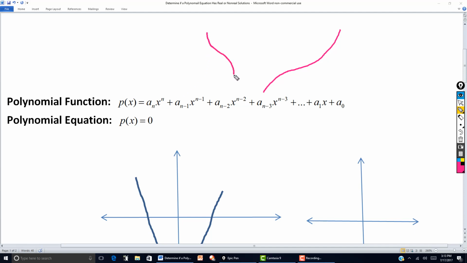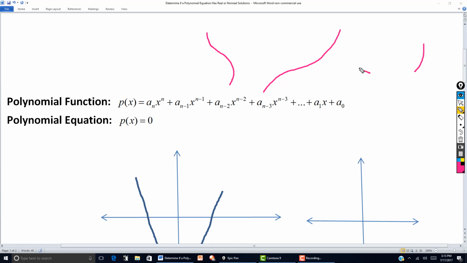Now if the lead term is even, the exponent is even for that term, say 3x to the 4th or 3x to the 6th and so on, then you would expect the graph to go up at one end and up at the other end.